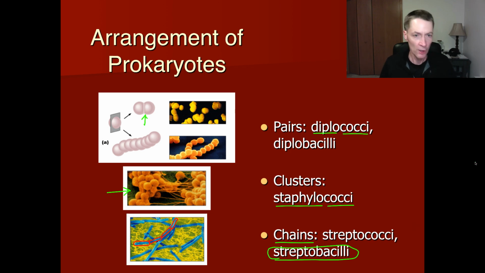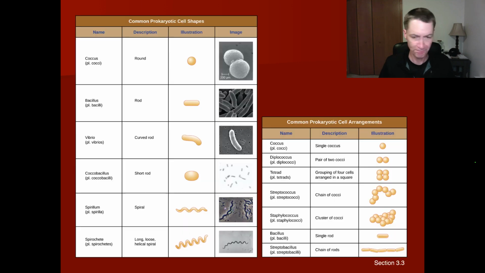Okay, so these are all things that we would be able to see with a simple stain like we've seen in the lab section, and also some of the more sophisticated differential stains will also show us both shape and arrangement of the cells. Okay. So check out, this is section 3.3 in your text.